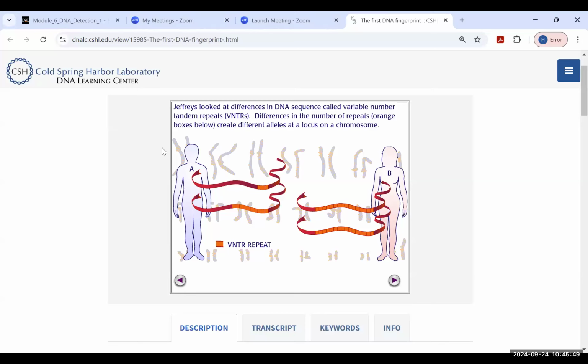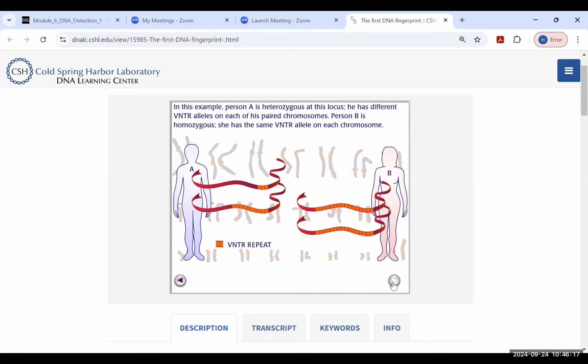Within person A, you can see that he has 3 repeats on one of the alleles and 7 repeats on the other, while in B, you can see that it has the exact same number of repeats on both loci.